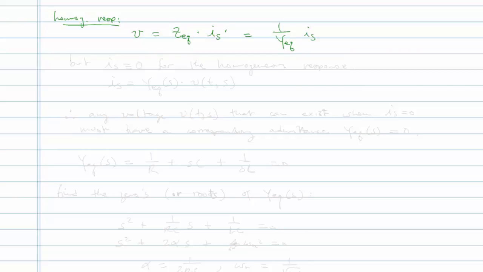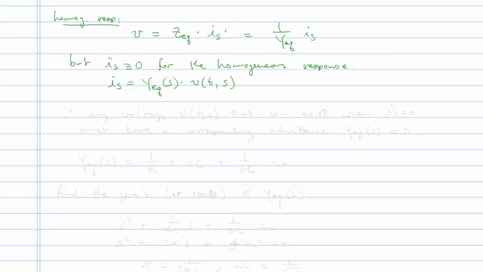Okay, but I_S is by definition 0 for the homogeneous response, or the natural response. So let me rewrite this. I'm going to write I_S is equal to Y, the admittance, times V, and I'm going to write this as a function of time and S. So this is just saying the current is equal to the voltage divided by the impedance.